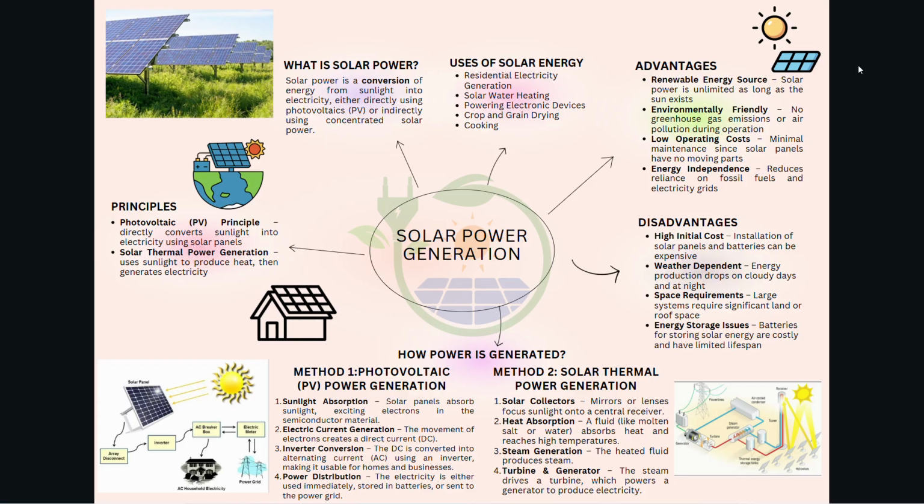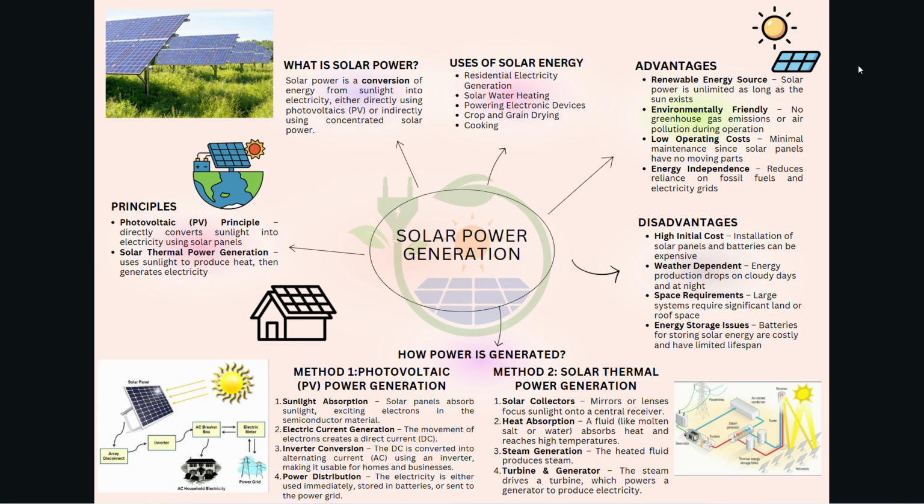And then I will talk about how solar power is generated. The first method is photovoltaic (PV) power generation. Step 1 is sunlight absorption. The solar panel absorbs sunlight, exciting the electrons in the semiconductor material.